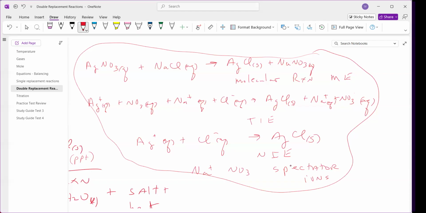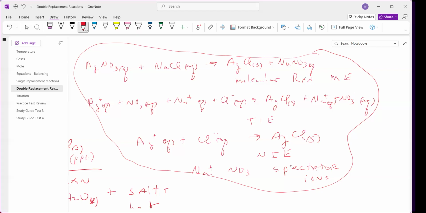So there's a lot of places to lose points when you write it, particularly when you write out the total ionic equation. You've got aqueous labels to worry about. Is it balanced? Are the charges correct? A lot of little parts. So there is always a molecular equation involved. No exceptions.